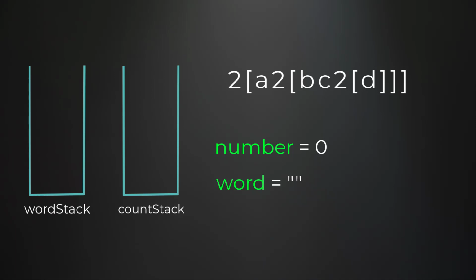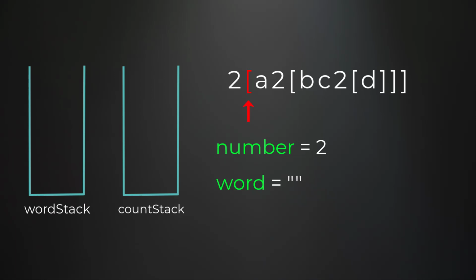So starting on the left side, we have our index at the character 2, and this is obviously a digit, so we're going to add 2 to our number variable. Next, the character we're at is an open bracket, and anytime we encounter an open bracket, this means we are at the start of an encoded string.